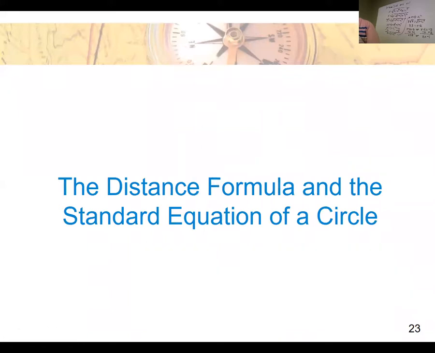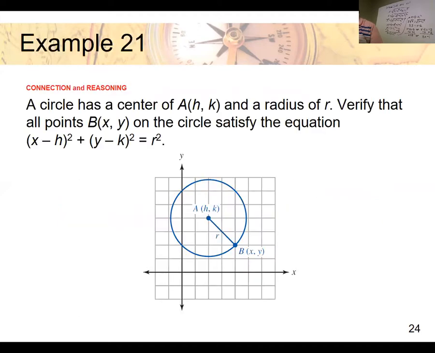Okay, let's quickly talk about the distance formula and the standard form equation of a circle. Basically that's derived from the distance formula as well, because you're finding the distance from the center of the circle, which is your A in this case, to some point on the circle. That distance is called the radius.